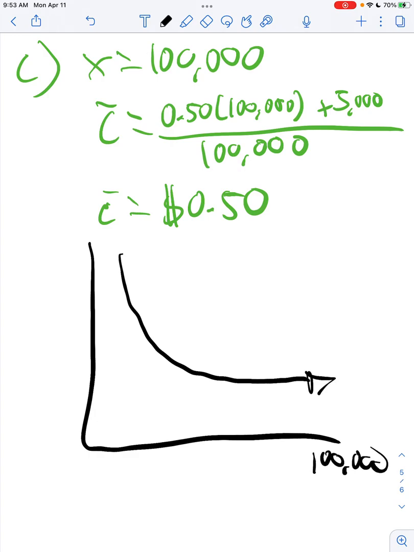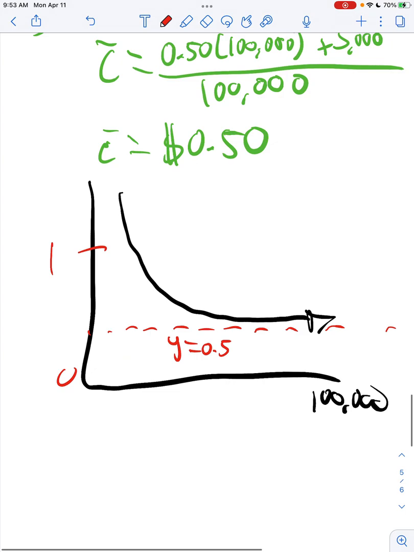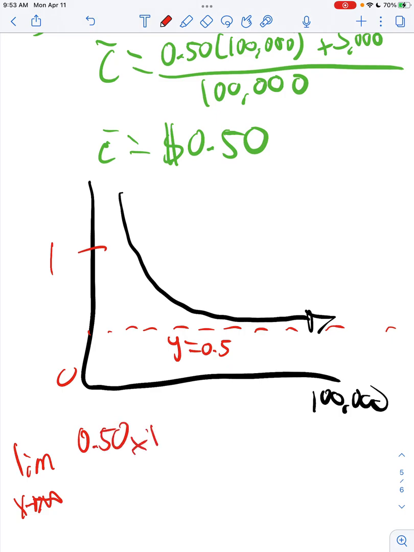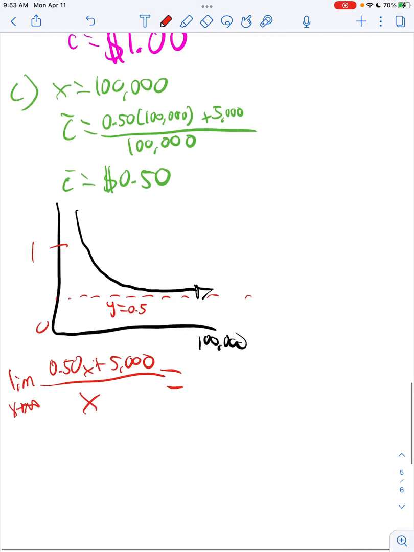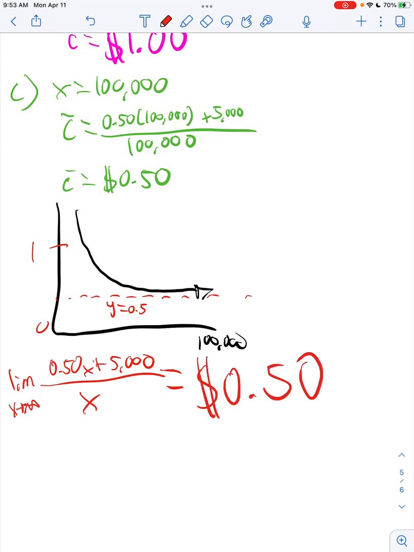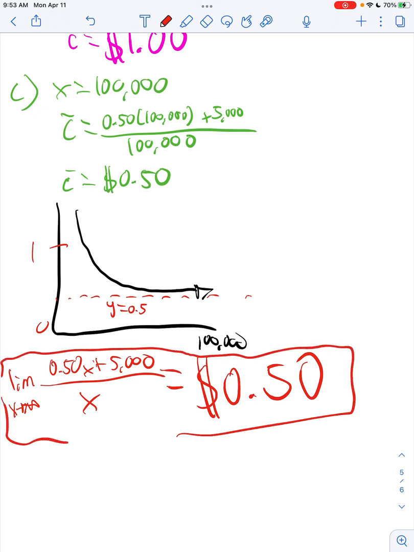It would be decreasing, and as I work all the way to 100,000, I'm going to end up with an asymptote in between 0 and 1, and that's going to be y equals 0.5. So as the limit approaches infinity, 0.50x plus 5,000 divided by x, if I were to graph it and make my window really big and look all the way to the right side, I see that I'm approaching 50 cents.